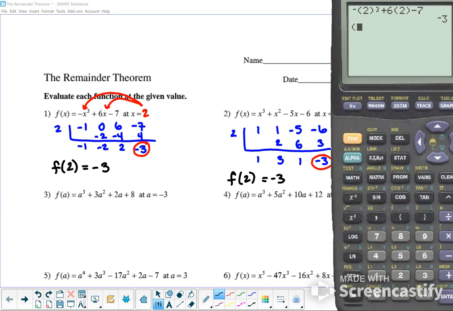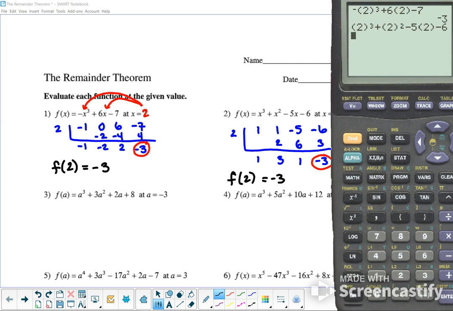So 2 to the third power, plus 2 to the second power, -5 times 2, and then -6.